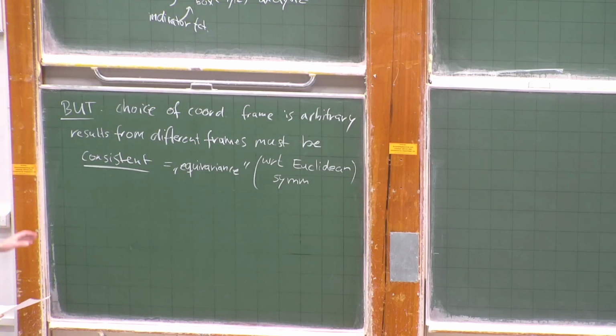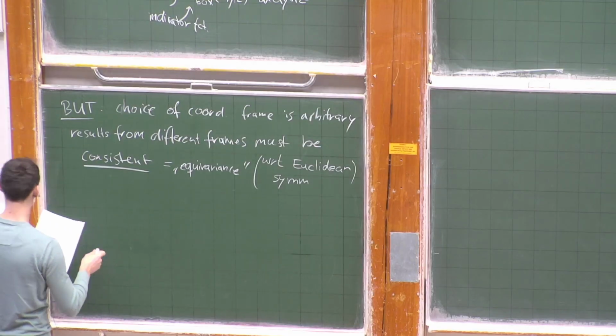And yeah, what we've seen so far is that angles, volumes, also distances, they are invariant quantities, so the numerical outcome of the computation will not change if we change the coordinate system.